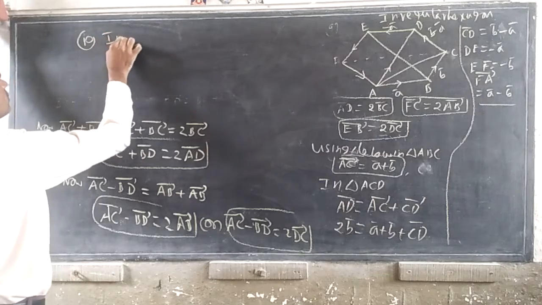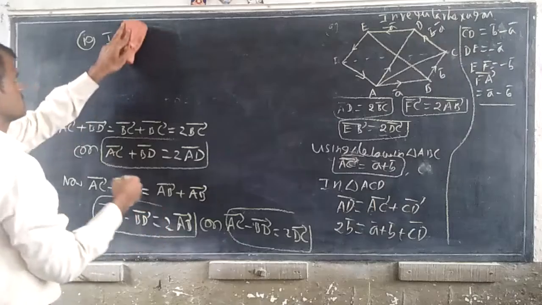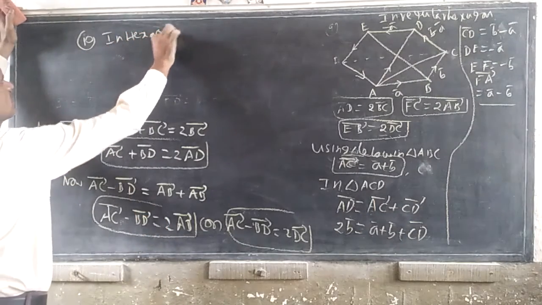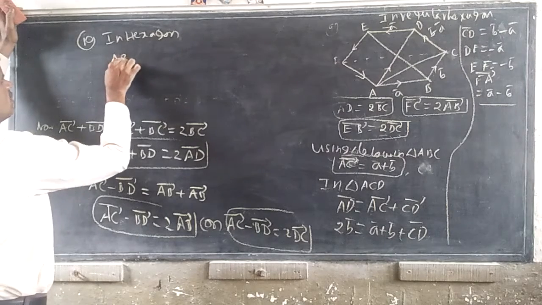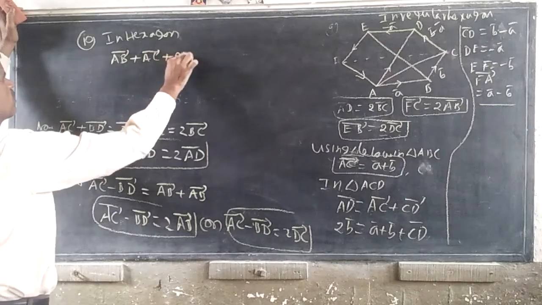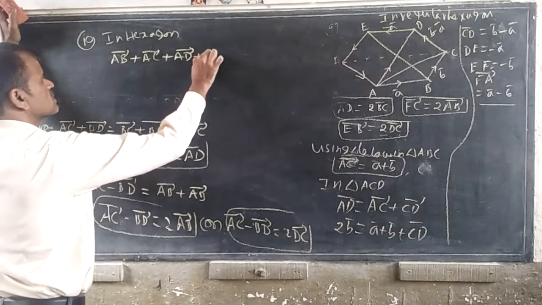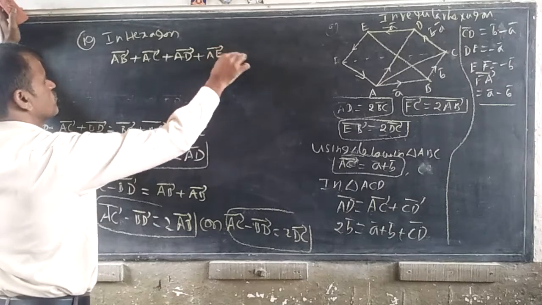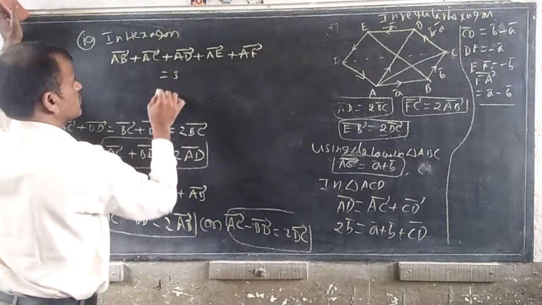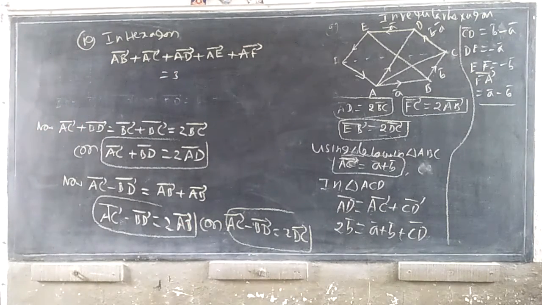In a hexagon, not parallelogram, AB plus AC plus AD plus AE plus AF, this is an important MSET question. I think you remember the formula, equal to 1, 2, 3, 4, 5. There also it is there, in IP we set the proof.